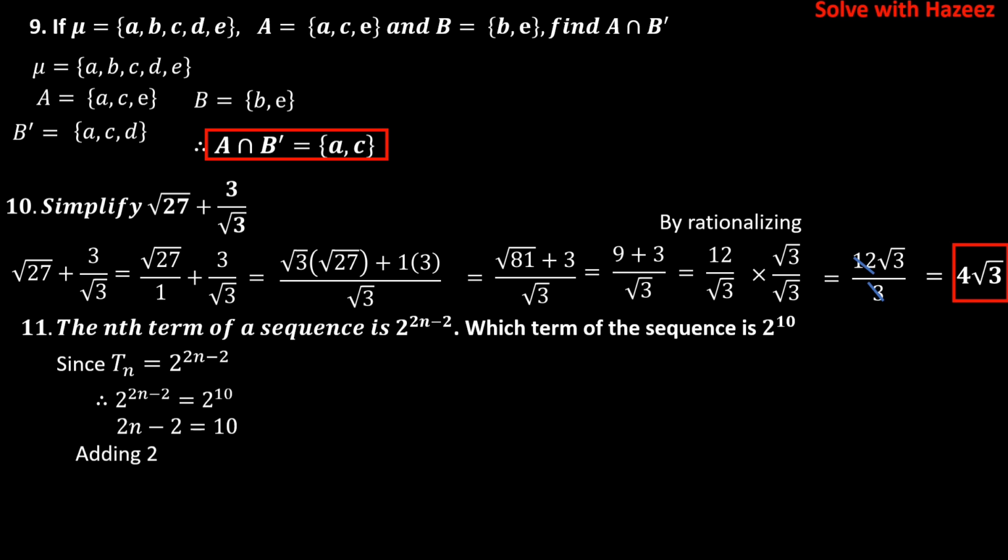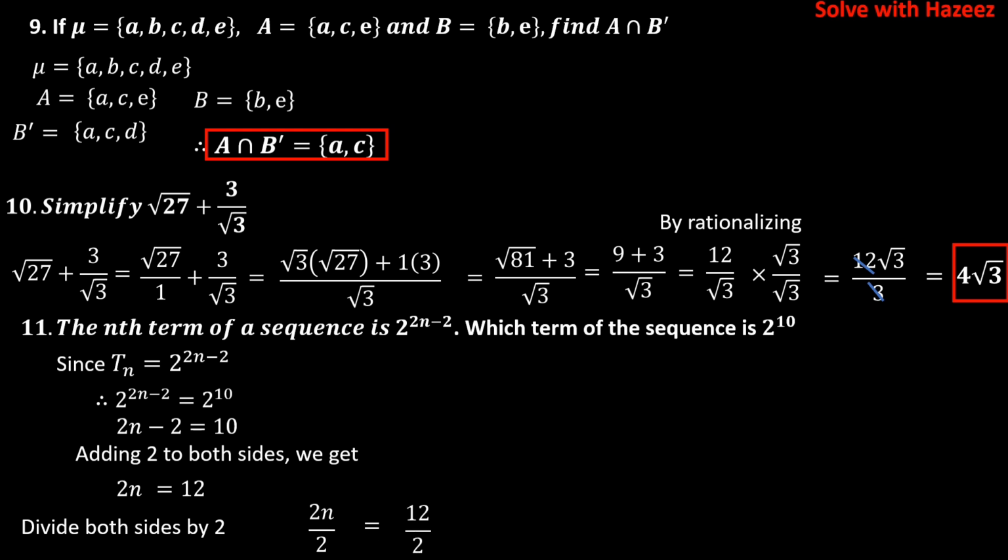Simplifying further, we add 2 to both sides of the equation. At the left hand side, we'll have 2n. Then at the right hand side, adding 2 to 10, we'll have 12. So we can divide both sides by 2. At the left hand side, we have 2n over 2, equal to 12 over 2 at the right. So finally, n will be equal to 6, and that is the answer.